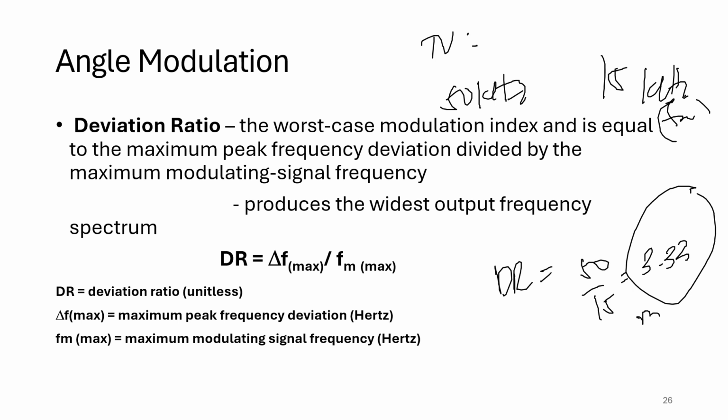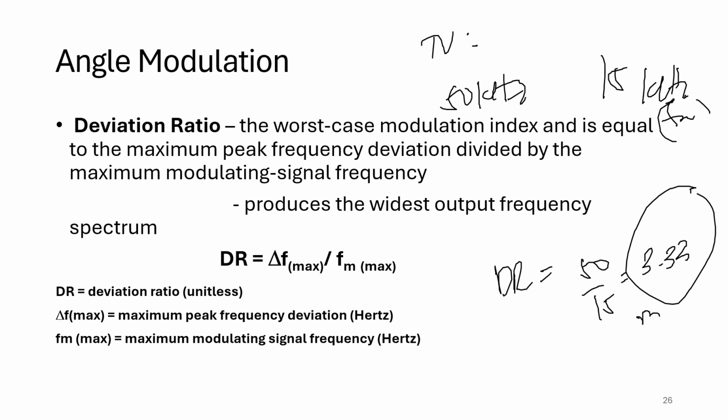But that doesn't mean that whenever a modulation index of 3.33 occurs, it is already considered the one which has the widest bandwidth. Not all indices are. A modulation index of 3.3 is the deviation ratio only when it occurs for the maximum modulating signal frequency. If you solve for 3.3 but you are not using the maximum modulating signal, it is not considered a deviation ratio.